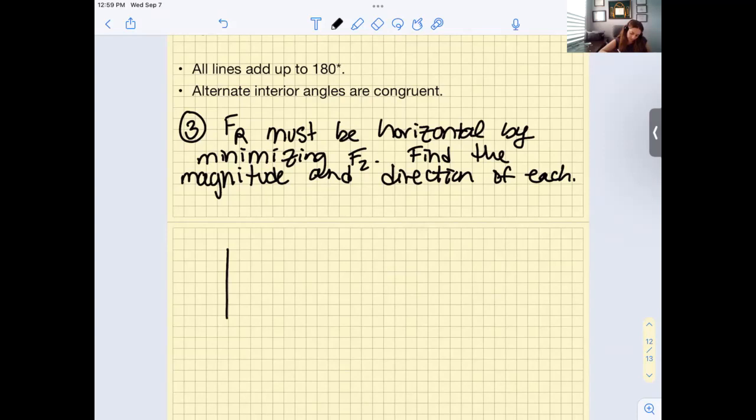So you have a fixed support here with some sort of handle. You've got F1, 800 newtons. F2, we don't know.